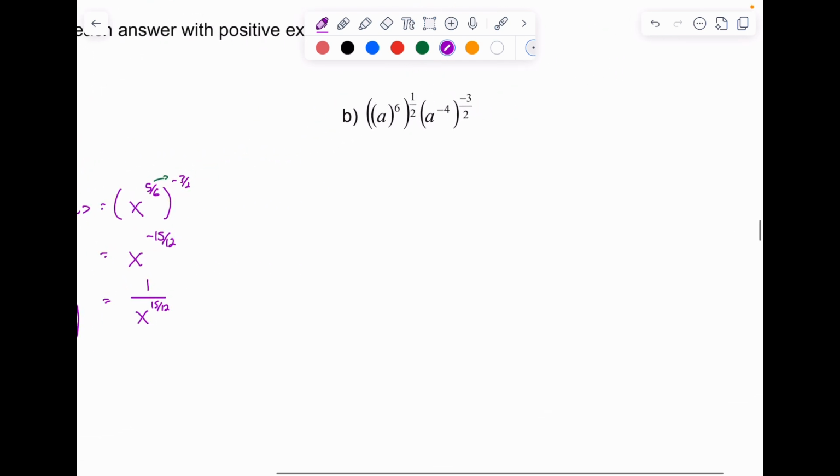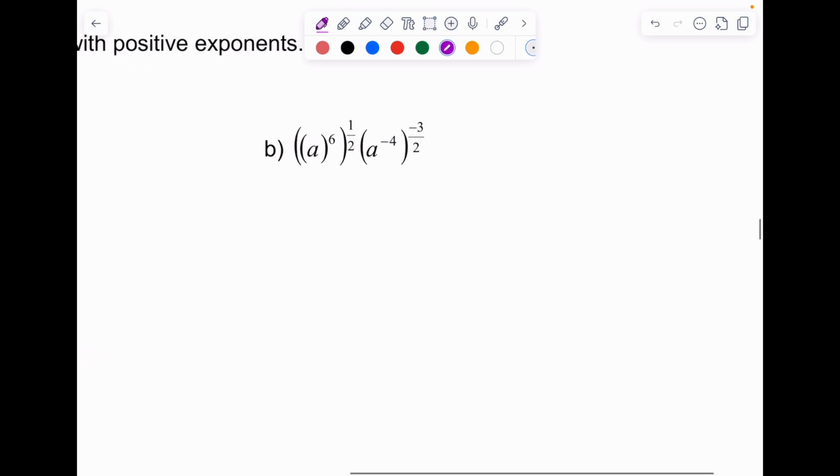Last question, B. So we have a to the 6 to the half, a to the -4 to the -3/2. So what I'm going to do is I'm going to say, well, I'm going to deal with these powers to a power here, like that. So in the first bracket here, I have a to the 6 to the 1/2. So that's a to the 6/2. And that's being multiplied by a to the -4 to the -3.